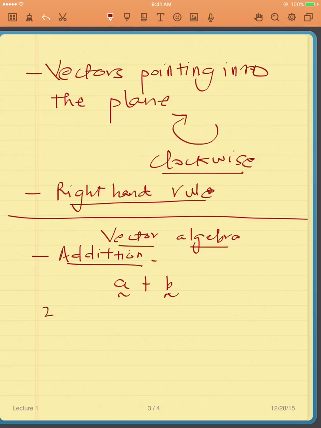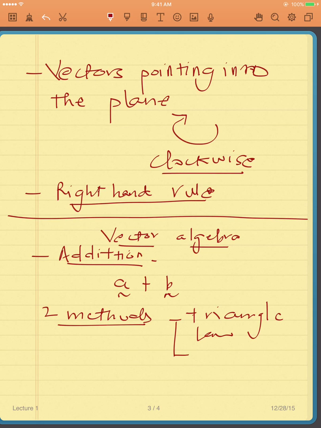The two methods are, and you're probably familiar with these again, but we'll go over it nonetheless, the triangle law, and the other one is the parallelogram law. Rule or law, right? Okay.